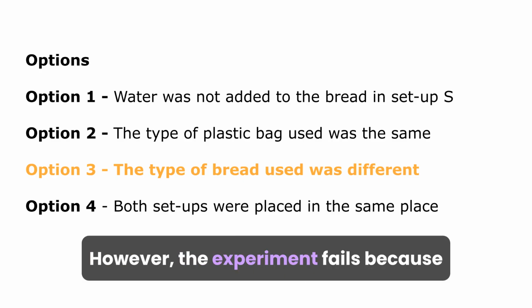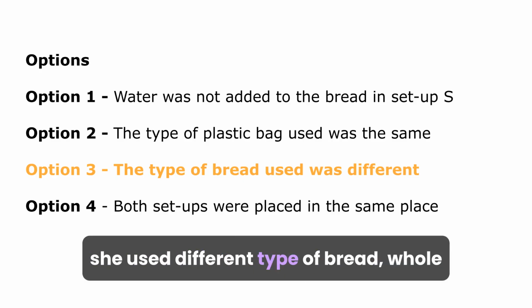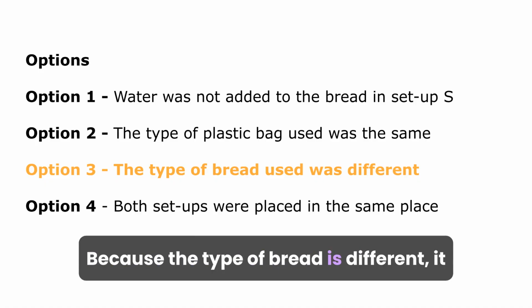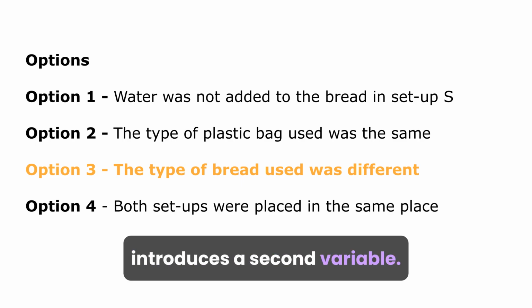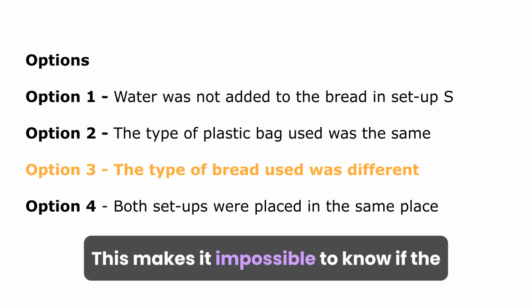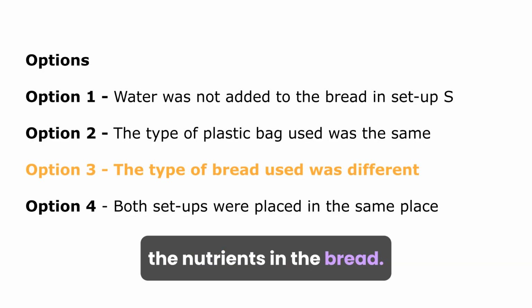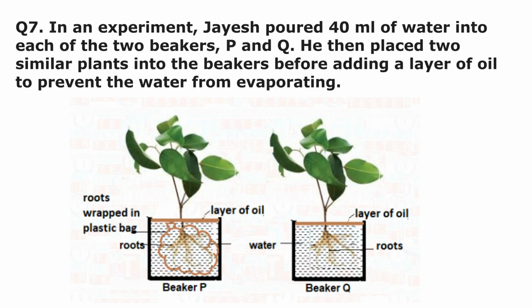However, the experiment fails because she used different types of bread, wholemeal and white. Because the type of bread is different, it introduces a second variable. This makes it impossible to know if the results are due to the moisture level or the nutrients in the bread.